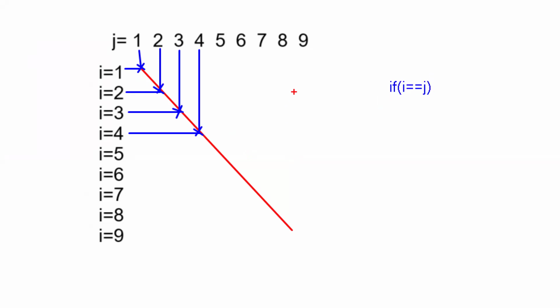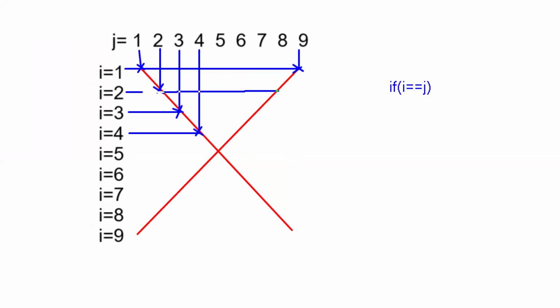Now look at this, this is important. I want to print this one, the backslash. Now observe this. When i value 1, j value 9, star. Got it? Here star. When i value 2, j value 8, star. When i value 3, j value 7, star.